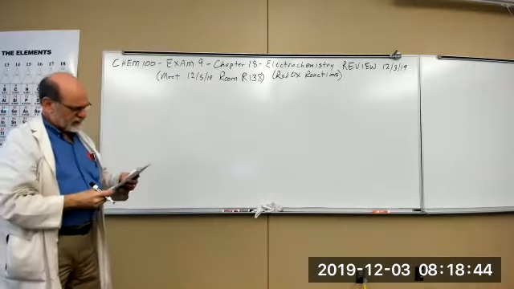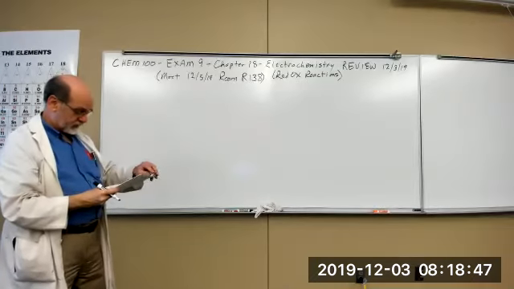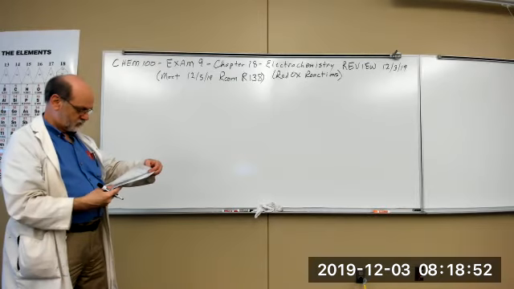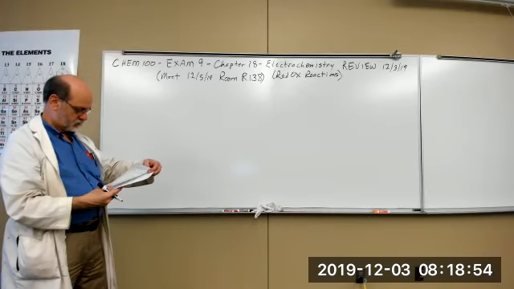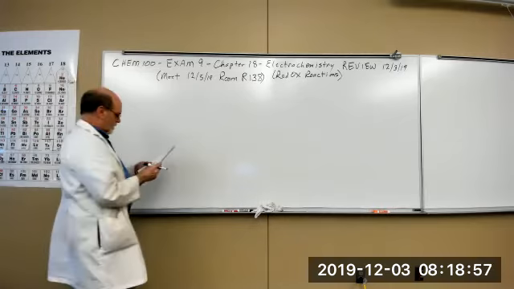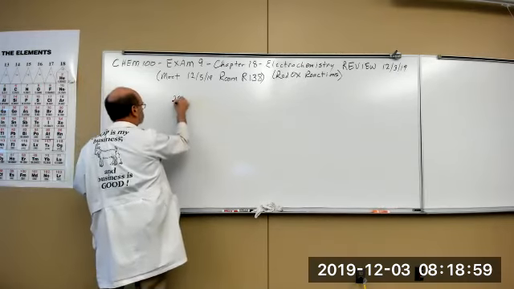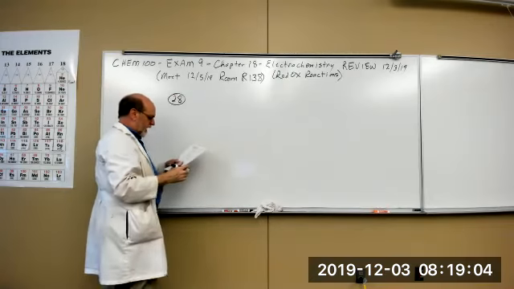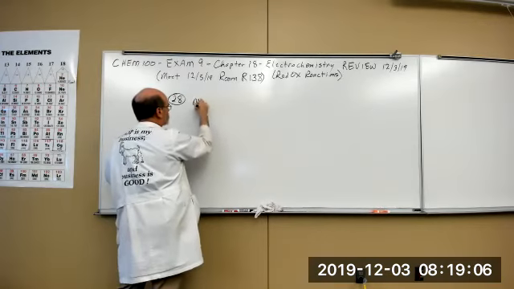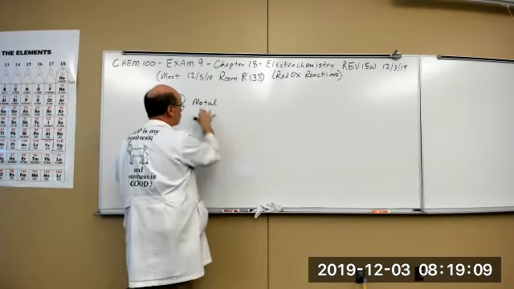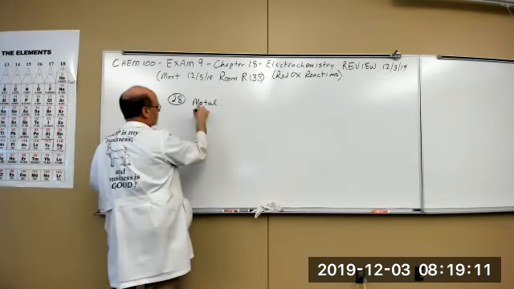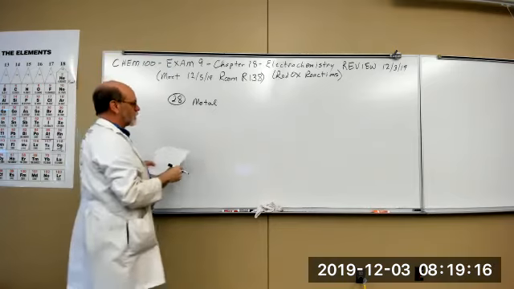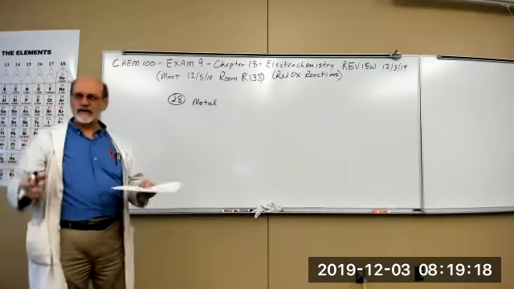Okay, let's see if we can find something else that I haven't talked about yet. How about 28? When metals react, what happens to the metal atom? If you're going to react a metal with a nonmetal, which way do the electrons usually flow?